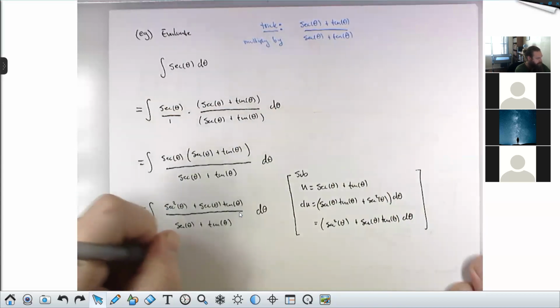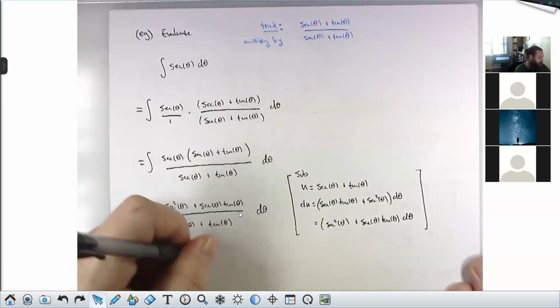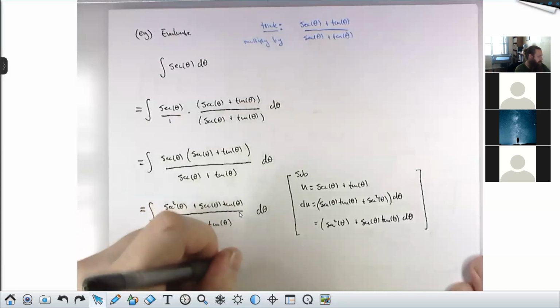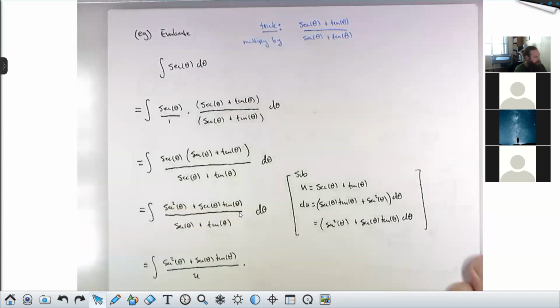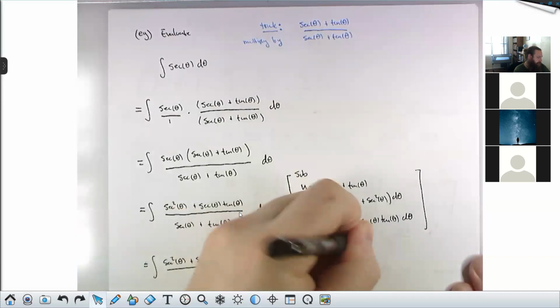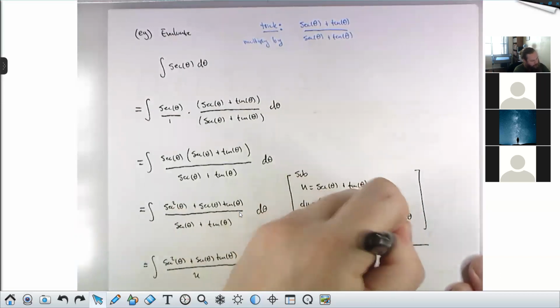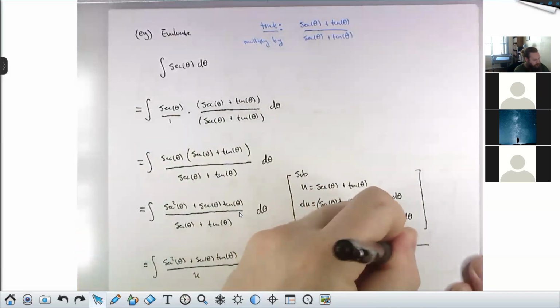I've got secant squared theta plus secant theta tangent theta all over u times, if I solve this for d theta, I get that d theta is equal to du over secant squared theta plus secant theta tangent theta.